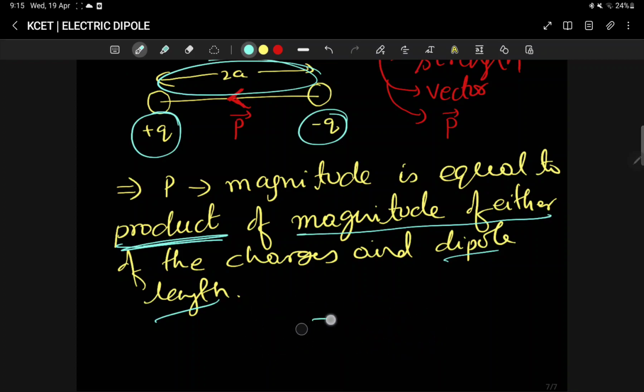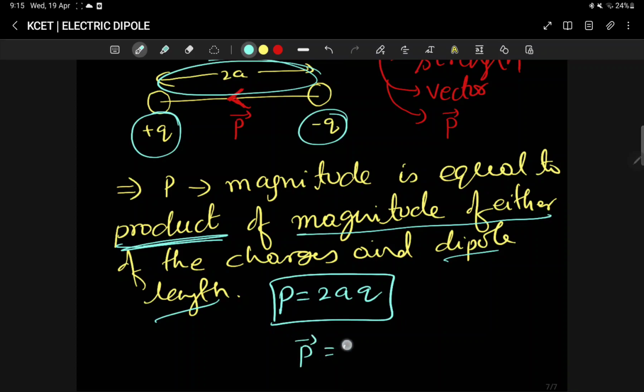Electric dipole moment is a vector quantity. So in scalar, you can write P is equal to 2aq. But in vector, we write it like this. 2 is a scalar quantity, a is a vector quantity, and q is a scalar quantity. This is in scalar form, this is in vector form.